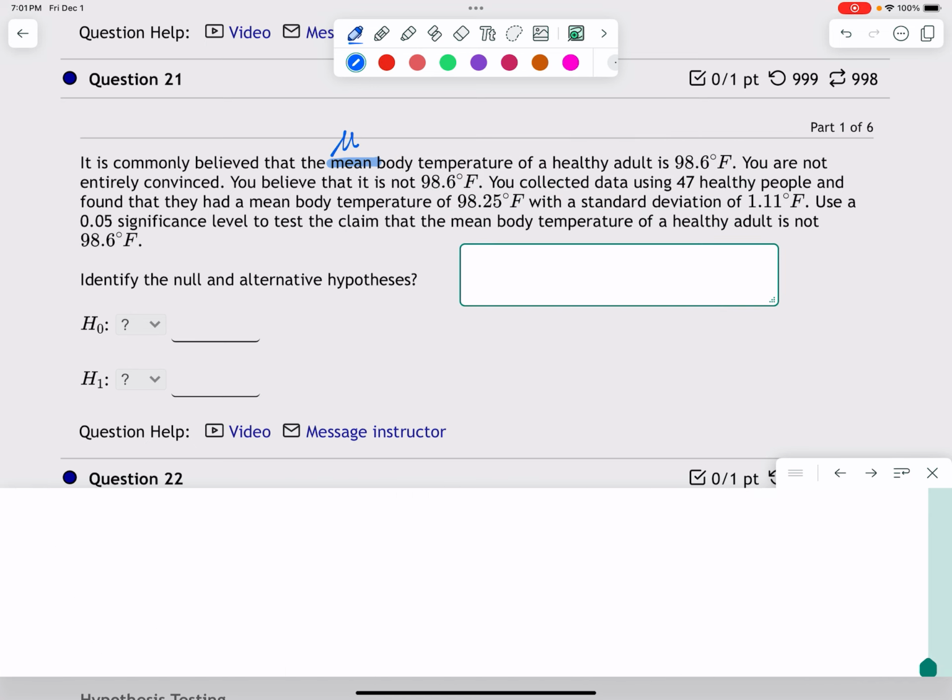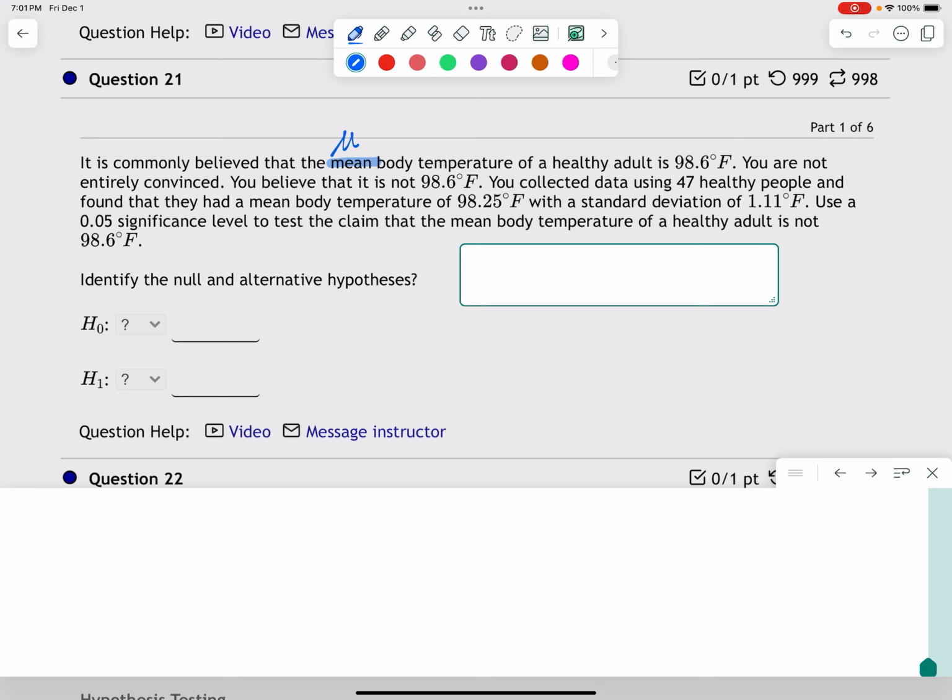You are not entirely convinced. You believe that it is not 98.6. You collected data using 47 healthy people and found that they have a mean body temperature of 98.25 with a standard deviation of 1.11 degrees.